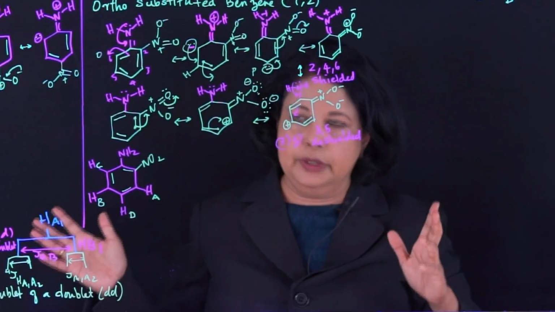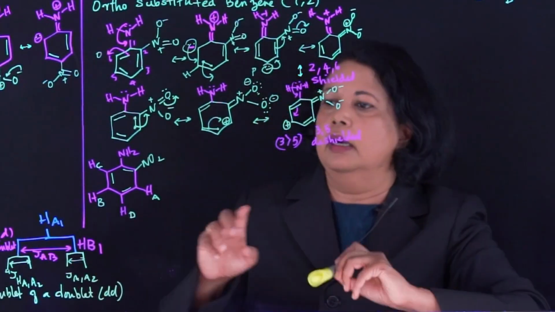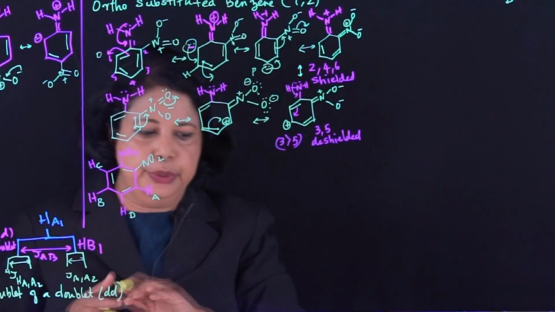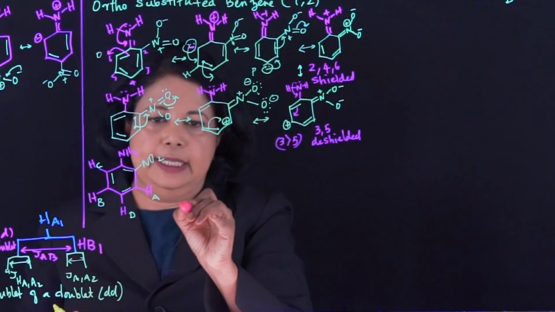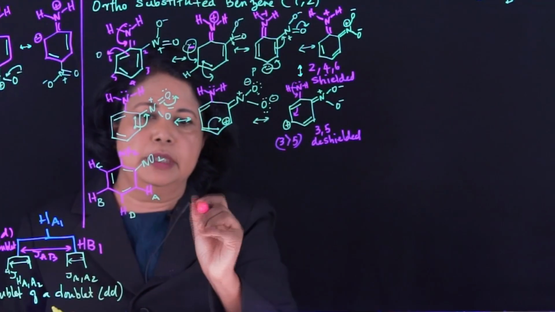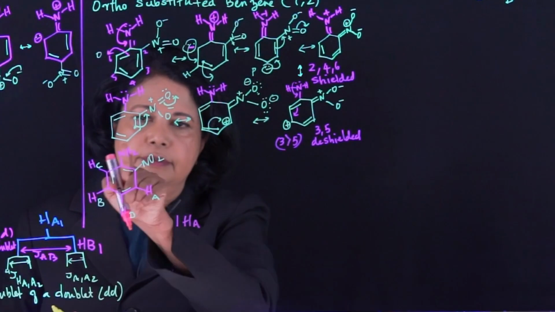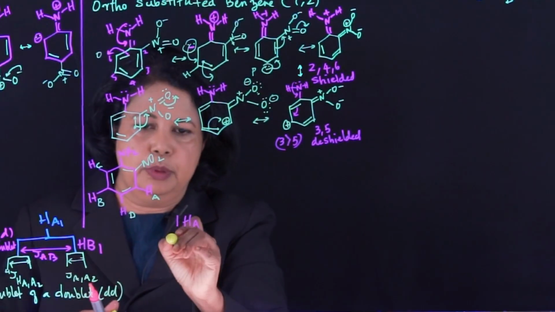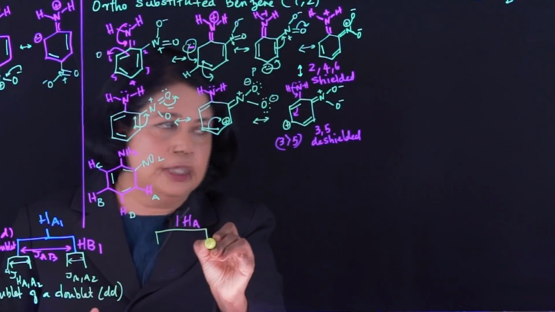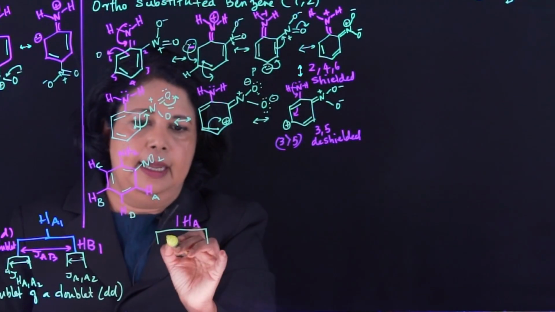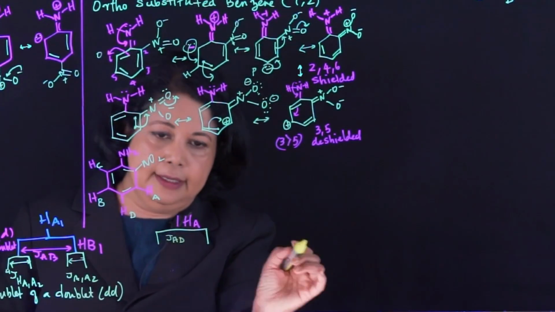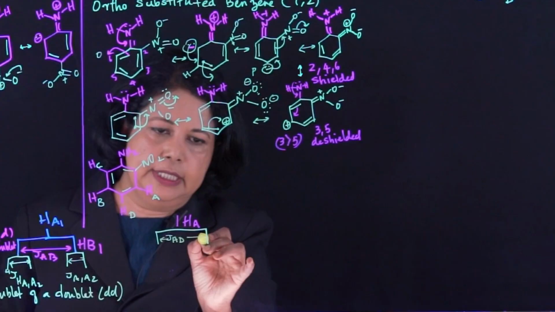So you are definitely going to see a splitting on HA due to HD. If HA didn't have any neighbors, it's going to have one peak. However, it does have neighbors. It's going to be split by the closest one with the largest coupling constant first. And so this is going to be JAD, 7 to 10 Hertz.